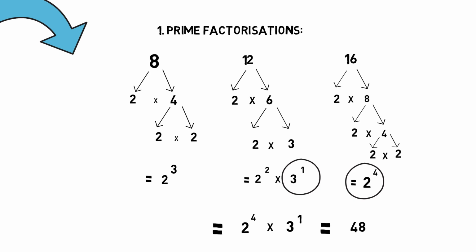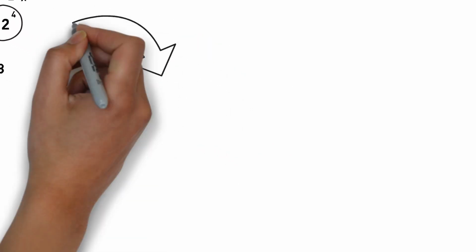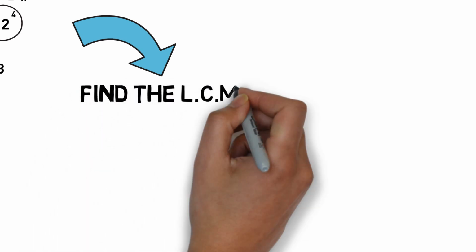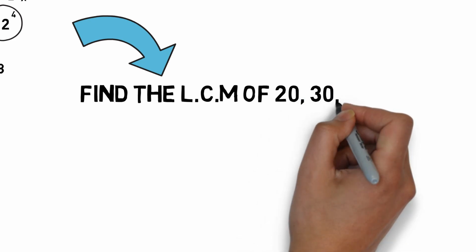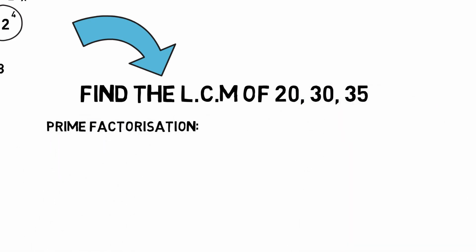All right, well done. Now it's your time to do some maths. Your task is please find the least common multiple of 20, 30, and 35. All right, here we go. First things first, we need to do our prime factorization.